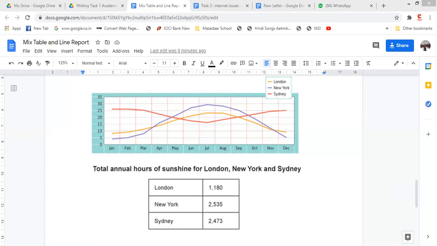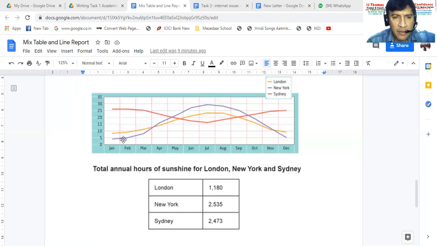What is the trend? Like the trend showed an uptrend and London and New York showed downward trends. Okay, you don't call this a downward trend.